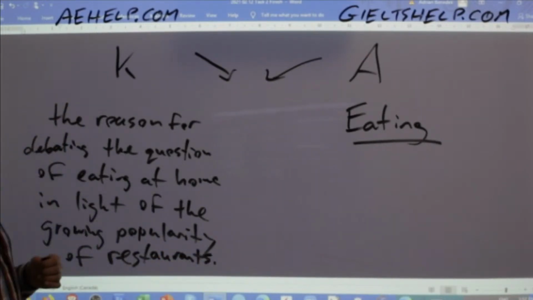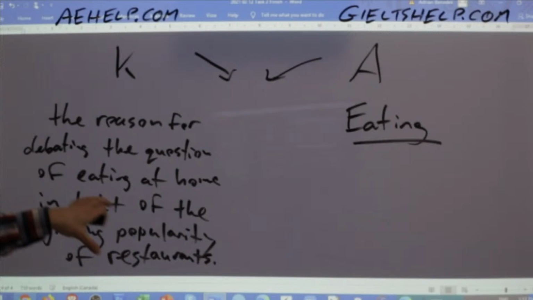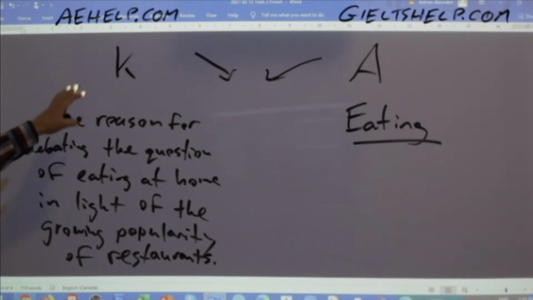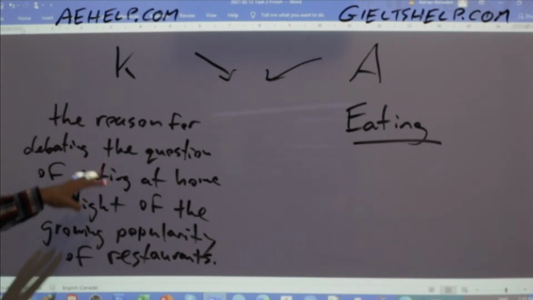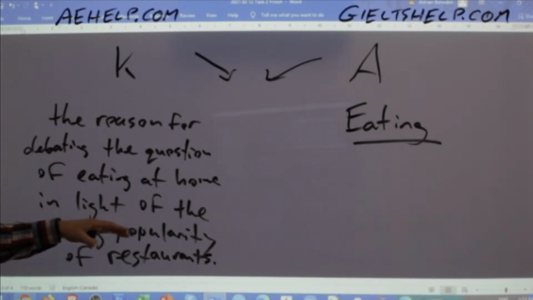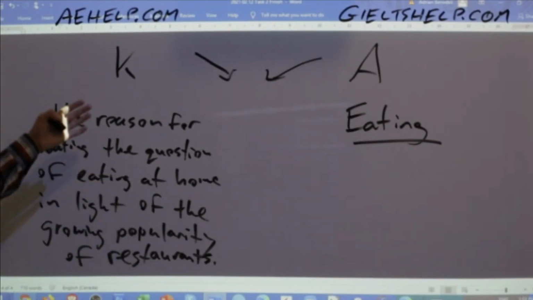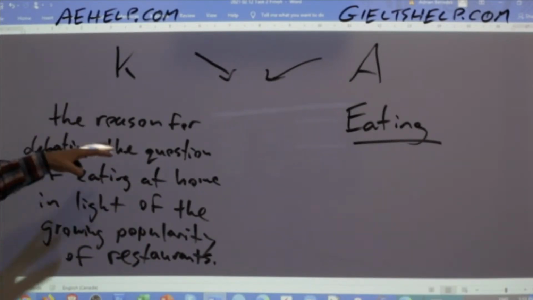Okay, so this is what I'm getting from yours, Khyber, is that you feel that this question is being asked by the IELTS because there seems to be more and more people eating food outdoors from restaurants and ordering food. So they're asking, is it better to do that or is it better to eat at home?